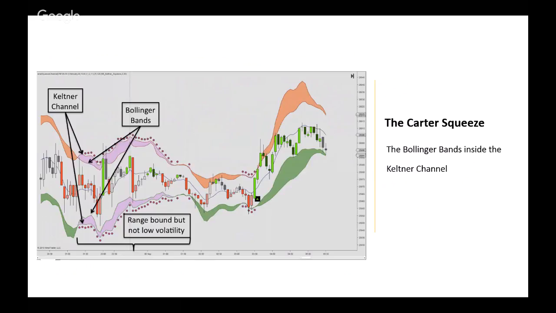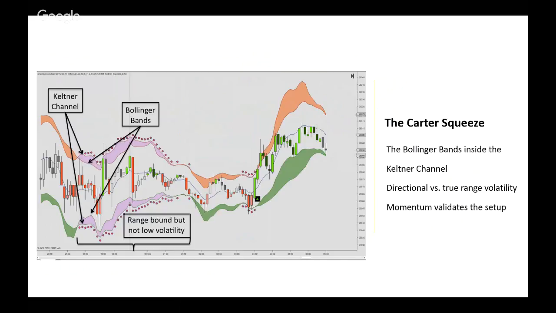Basically, comparing the true range volatility with the directional volatility here. And therefore, it is not necessarily a low volatility setup. So what we see here is not low volatility. Obviously, this is a consolidating or sideways market, but it's certainly not low volatility.